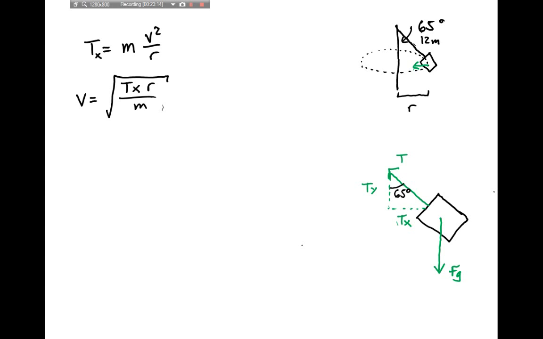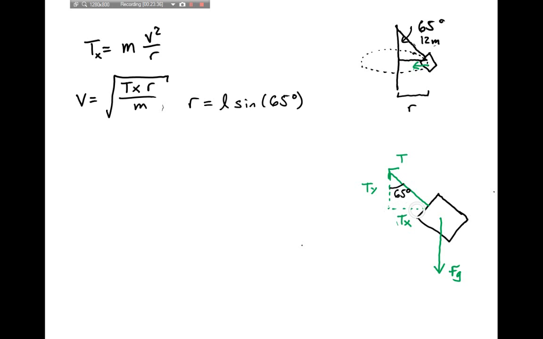So looking at this triangle that we have here, I know that the hypotenuse is 12 meters. I'm trying to figure out the length of this side here that's opposite the angle 65 degrees. So we can see that r is equal to the length of the chain times sine of 65 degrees.